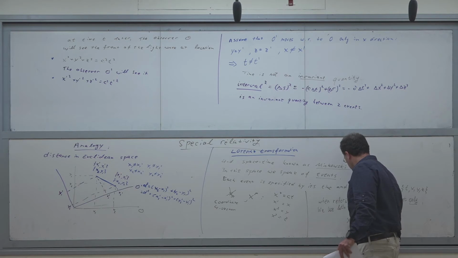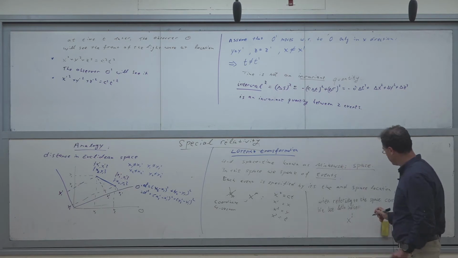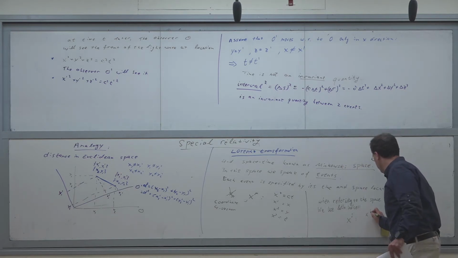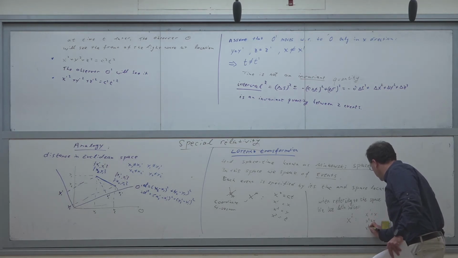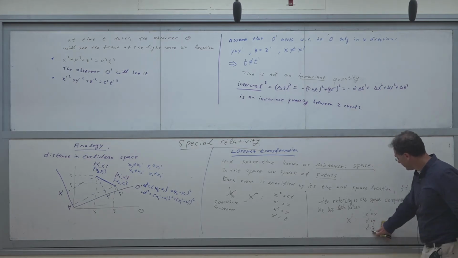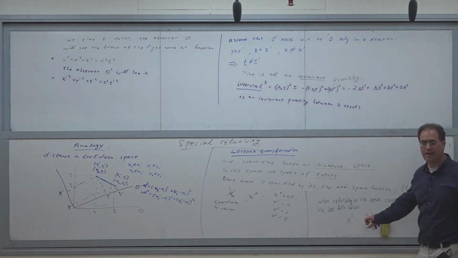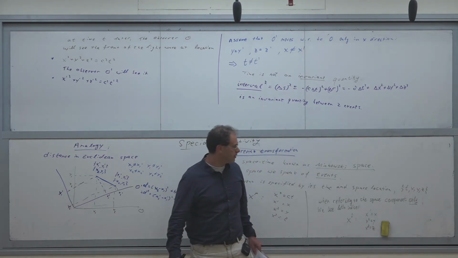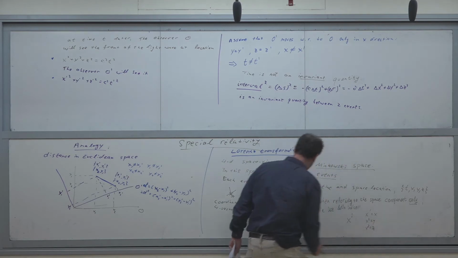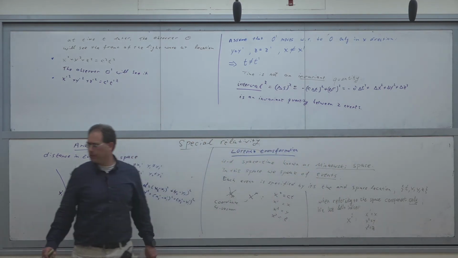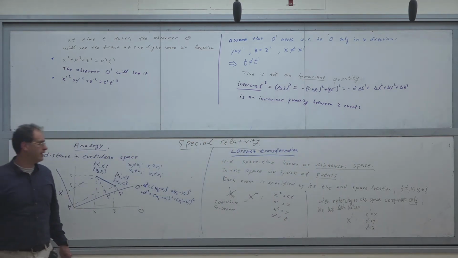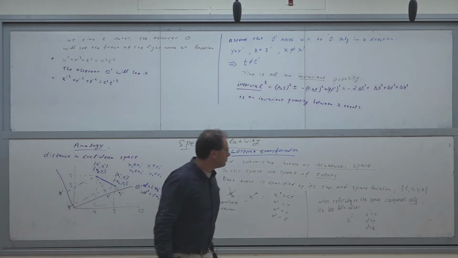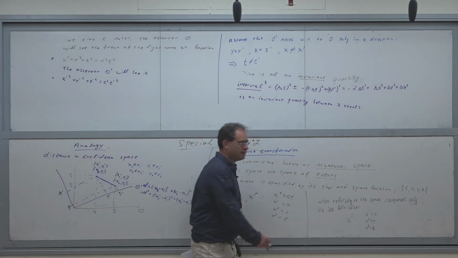So xi, right? That means that x1 is x, x2 is y, and x3 is z. We will get to that when we speak about cosmology in the last part of the course. Okay? Now it's a little bit more confusing, but it does not contain any further information, right? Just the t, x, y, z.